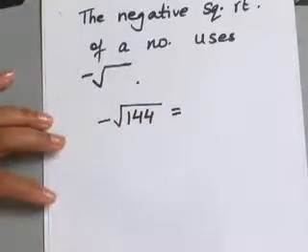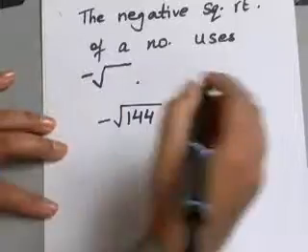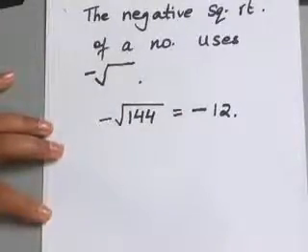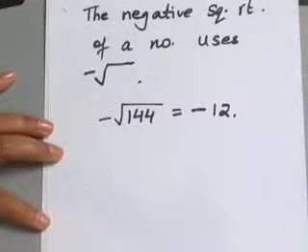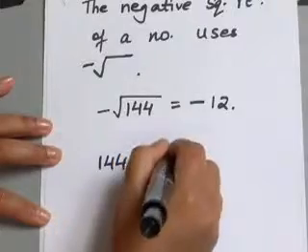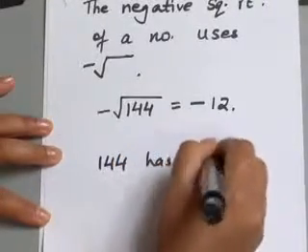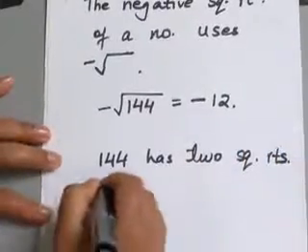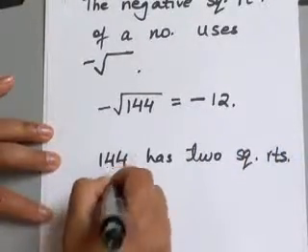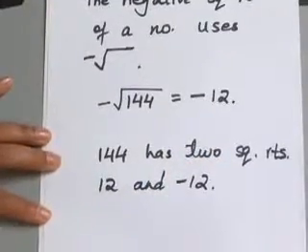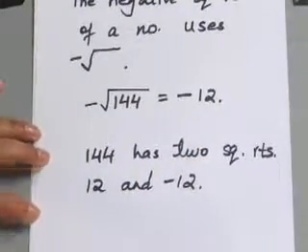What is the negative square root of 144? In this case, your answer would be negative 12. So basically what we are saying is that 144 has two square roots, positive 12 and negative 12.